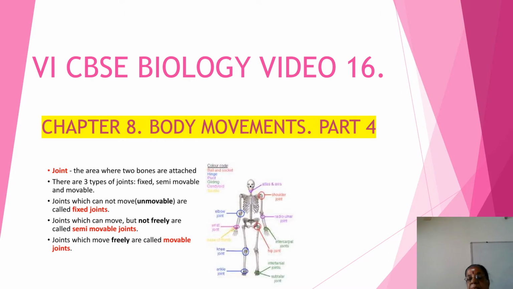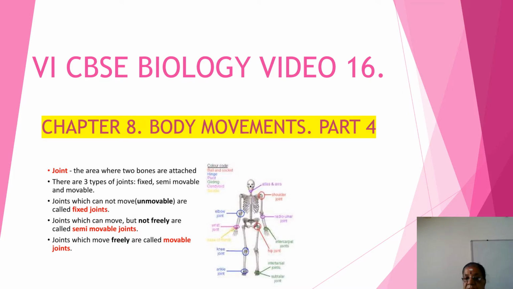So that movement is showing the body parts, that is movement, right? So we have been learning the definition of what movements and locomotion are. I hope you understand. And then we have learnt about the skeletal system in detail.